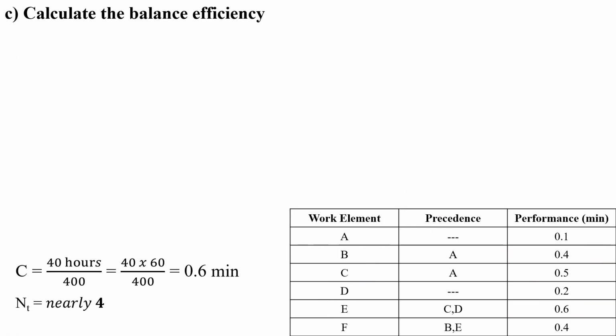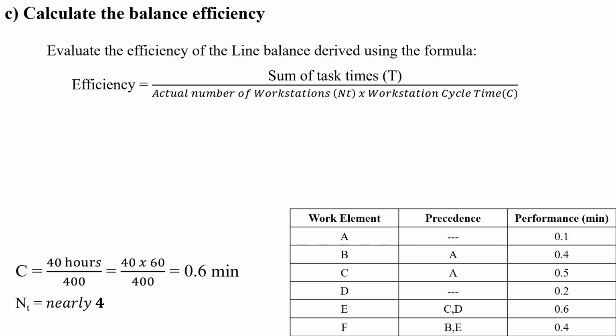So next we have to solve the third problem: calculate the balance efficiency. We evaluate the efficiency of the line balance by using the following formula: efficiency equals sum of task times divided by actual number of workstations times workstation cycle time. Previously we determined the cycle time capital C equals 0.6 minute and number of workstations NT is 4.